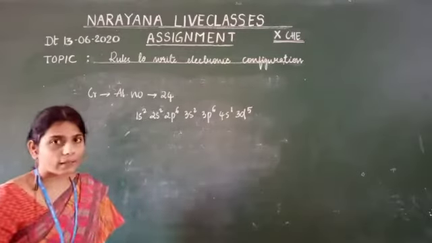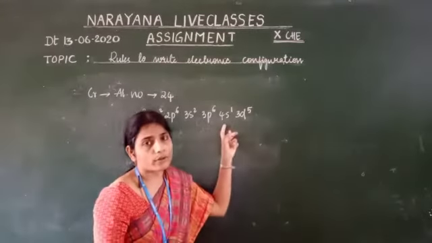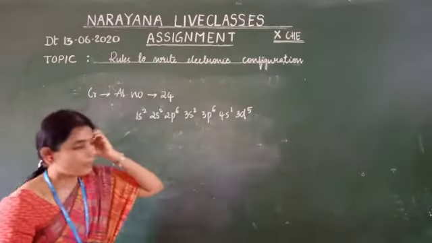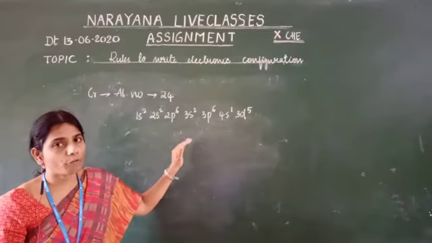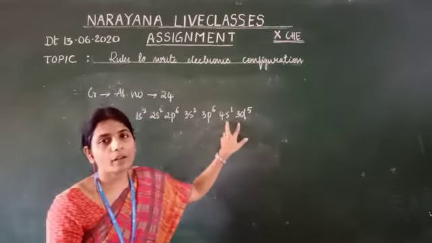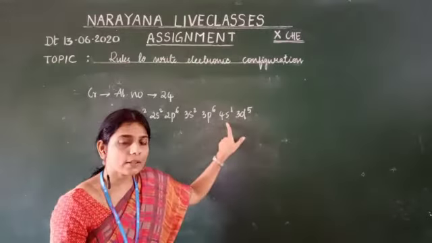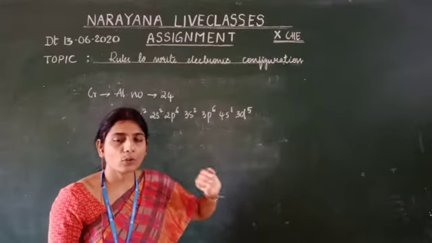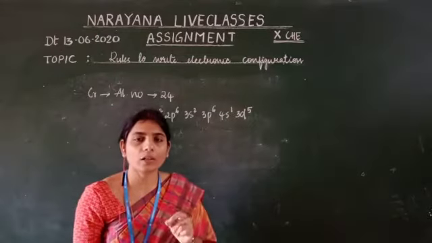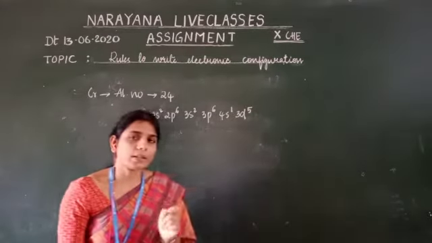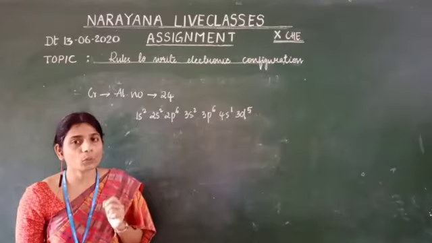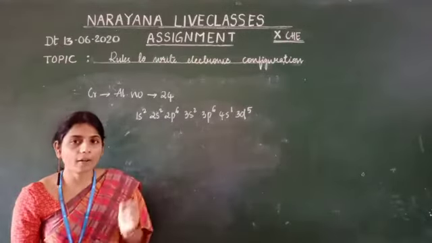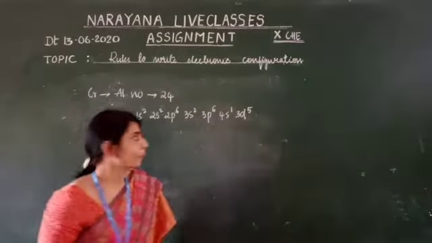One can get the doubt why I didn't complete the 4s orbital but went to the 3d. Yes, here they violate the Aufbau rule to get half-filled configurations. 4s is half-filled, 3d is half-filled, and whenever we have a half-filled configuration, it is termed a stable electronic configuration.